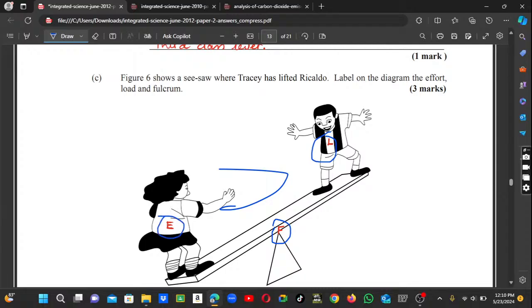All right, that's all you need to do to get the mark. It's very simple, guys, it's not a big deal. It's simple to label: we know that this is the load, this is the fulcrum, and this is the effort.